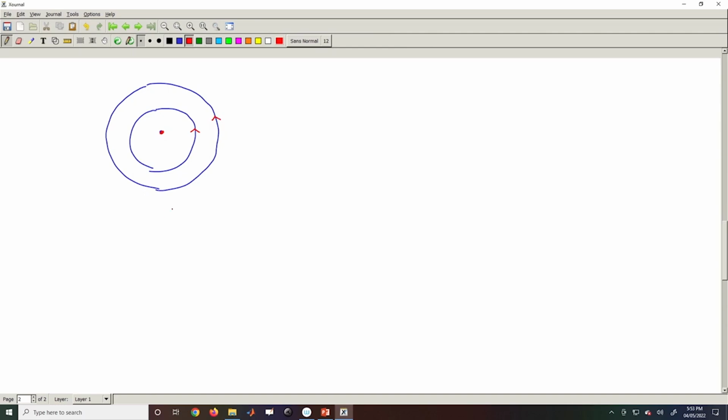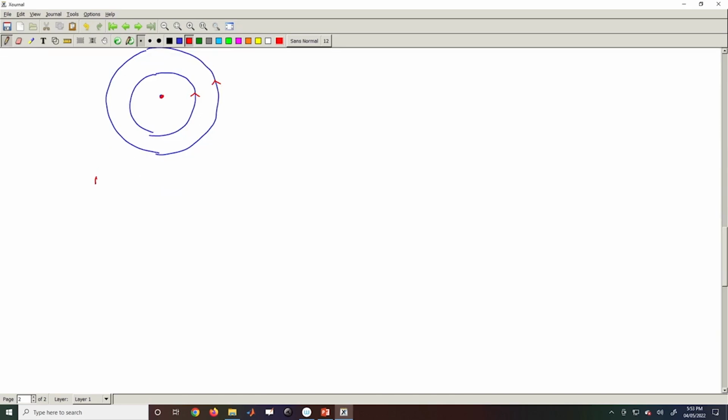So here the current is moving out of the page. And the second thing is that the corresponding magnetic field is circulating around.